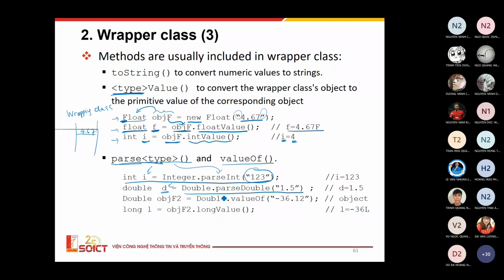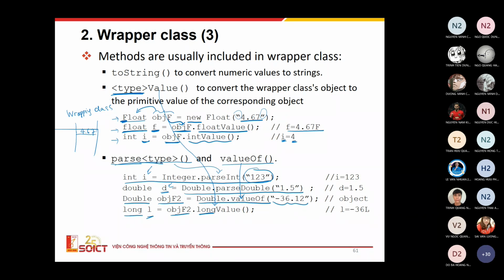And if you want a new object of the wrapper class Double from this string, you can use the valueOf syntax. So you can have this. And here you can change the value from object F2 with this call, to change to the long value and assign it.